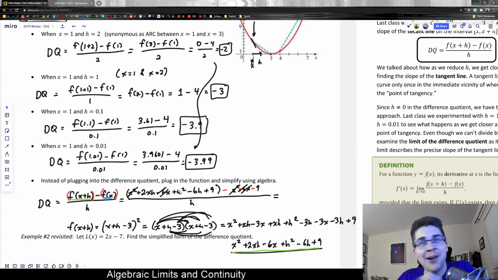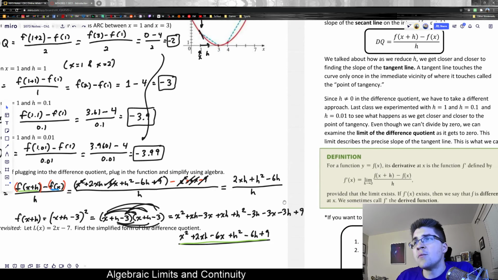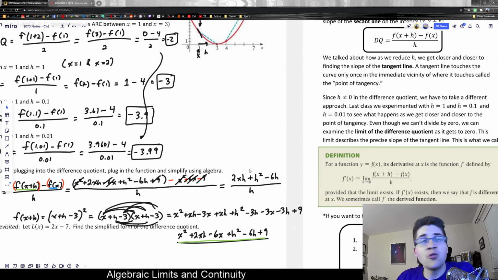That's what we end up caring about. And then we have a plus 9 and a minus 9, which also cancel. So at the end of the day, what we are left with is 2xh plus h squared minus 6h all divided by h. And from here, we're still not done, but we have greatly simplified the difference quotient, which started off pretty horribly.